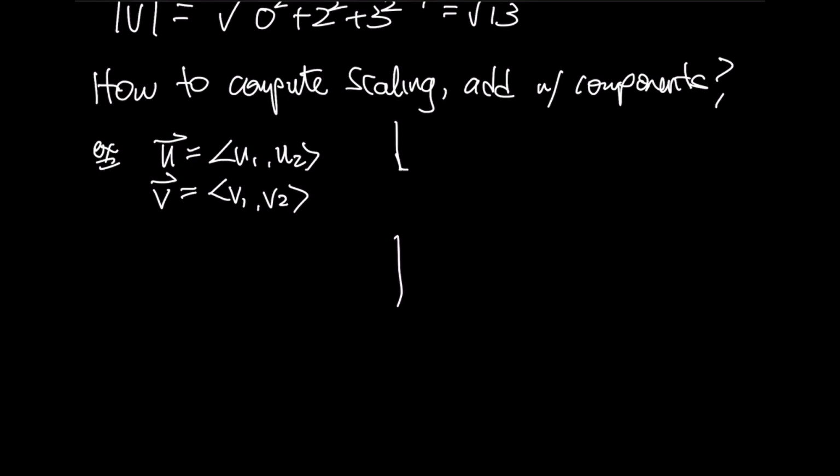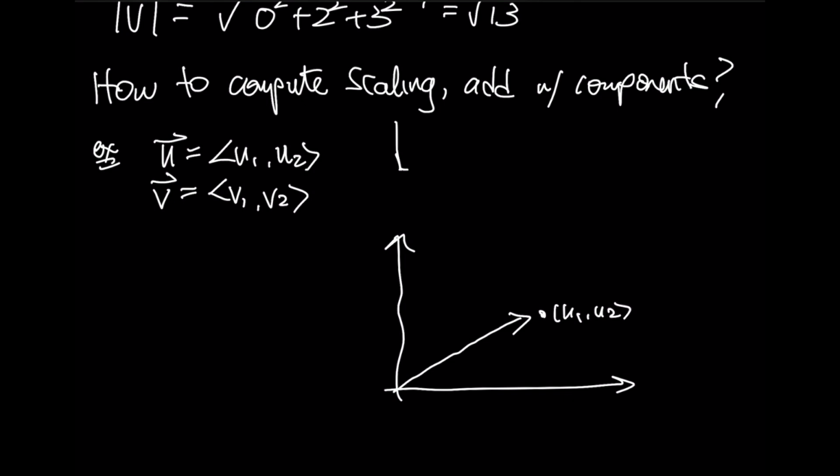And if I wanted to visualize this, I could think of the vector u as ending at some point u1 and u2. And that means if I were to drop this value down, it would be a u1, and this over here would be a u2. And if I wanted to add another vector to it, I could use the tip to tail rule.